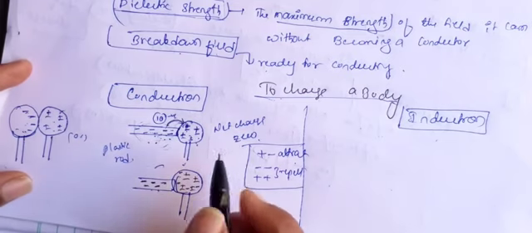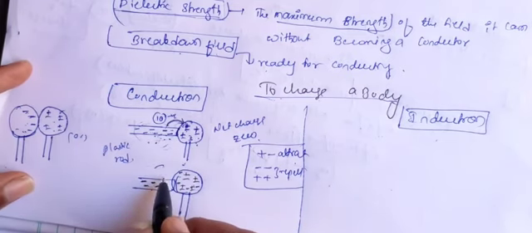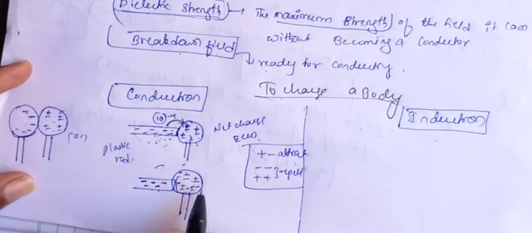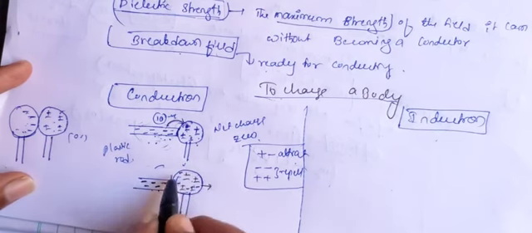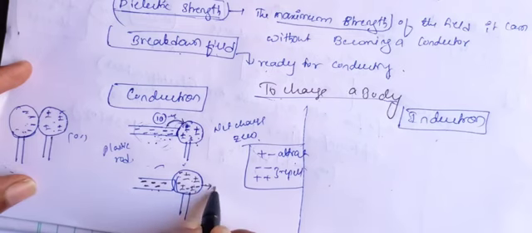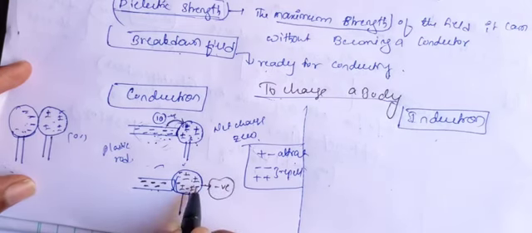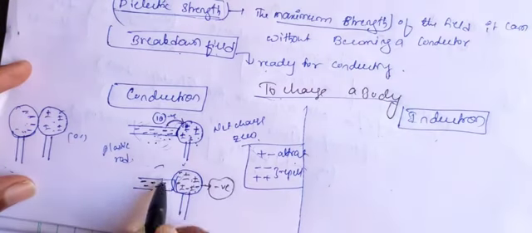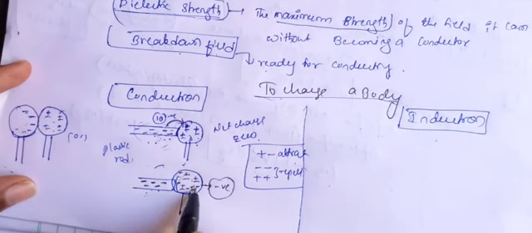Why? Because as we are adding some negative charges, there exist some free charges in the spherical body, so it will become a negative body. As it is a negative body, it will give some repulsive force to this rod.